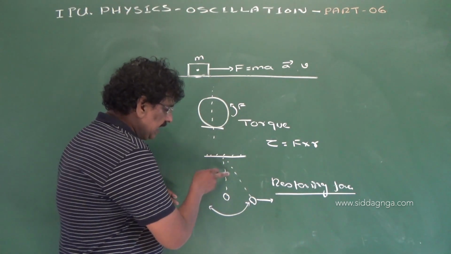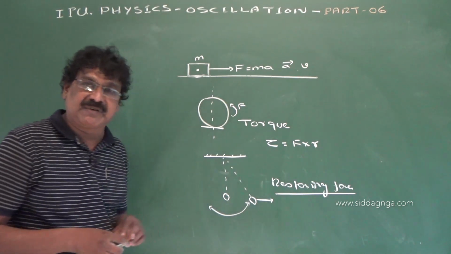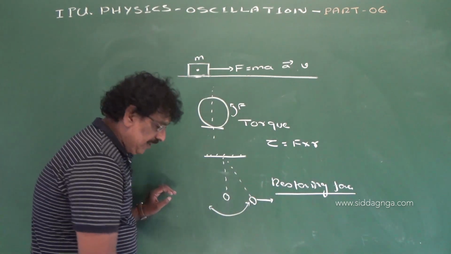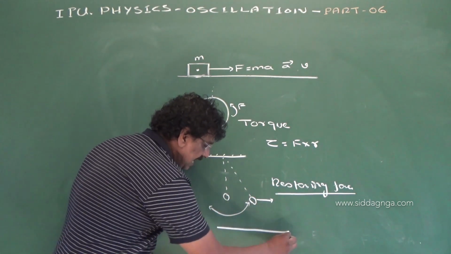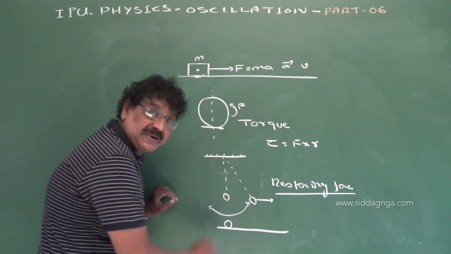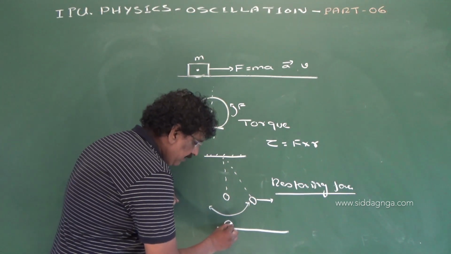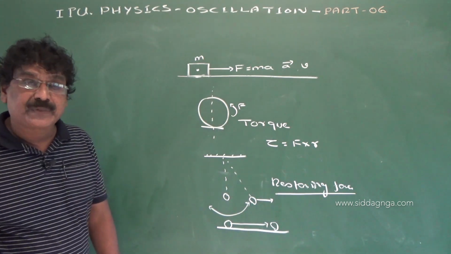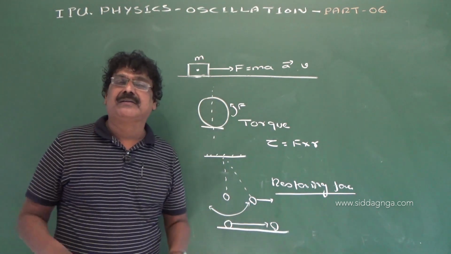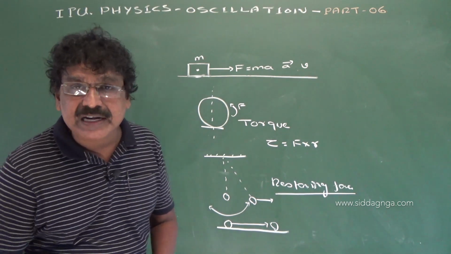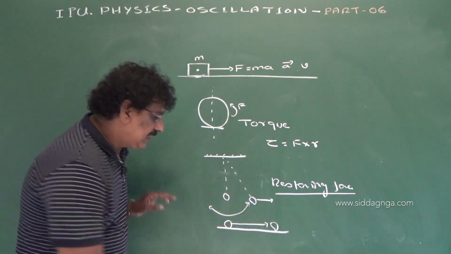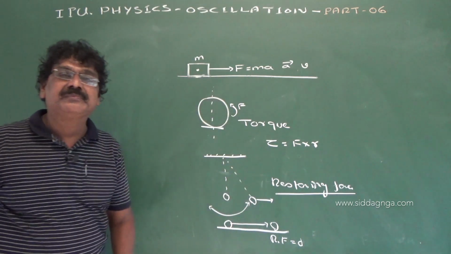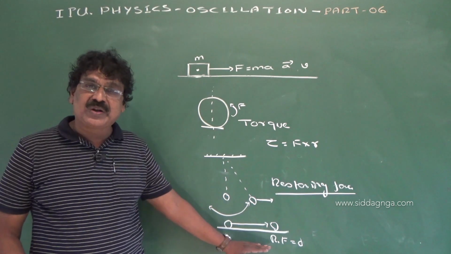Suppose you remove the suspension, then you move the bob. When the same bob without any suspension is moved here, it comes to some position here. It will not return back. Why will it not return back? Because there is no restoring force here.